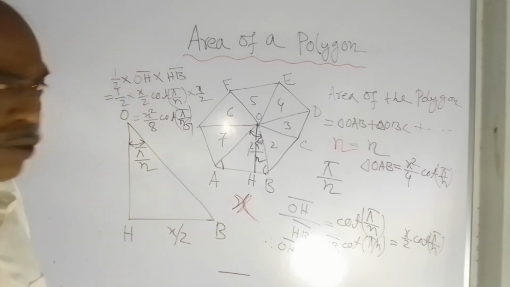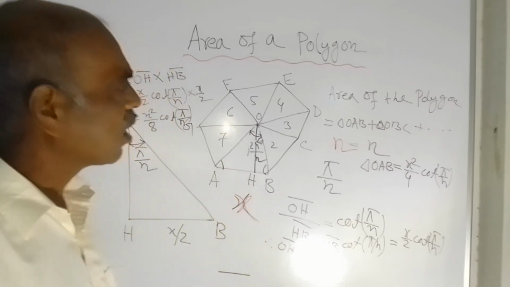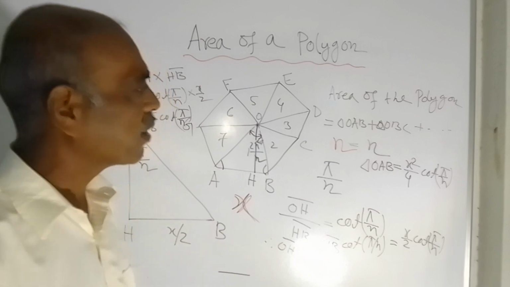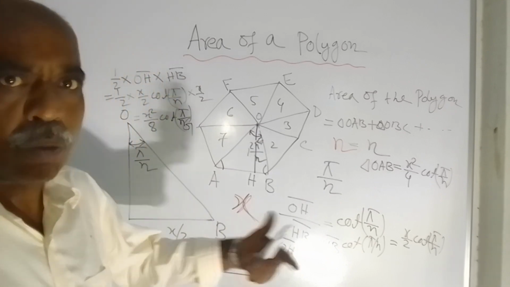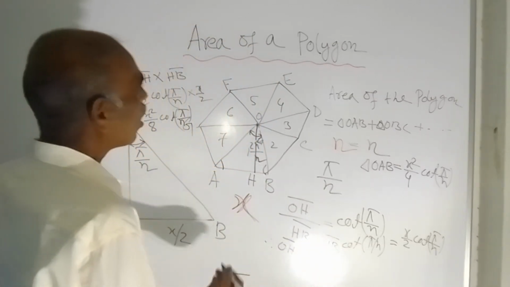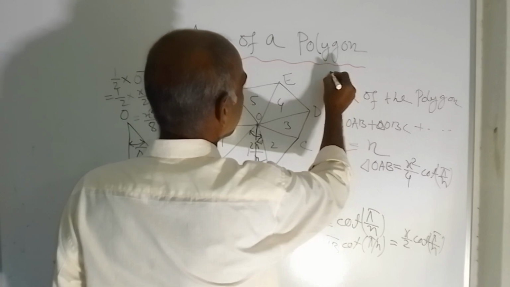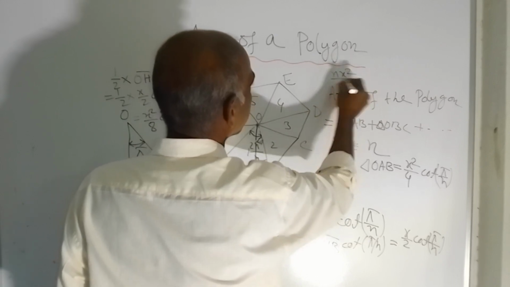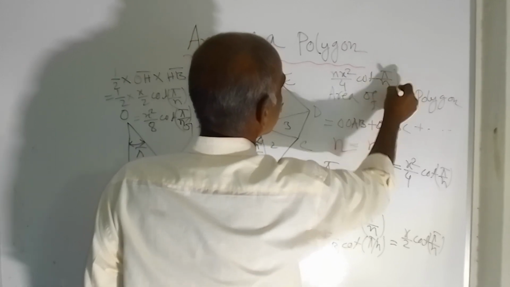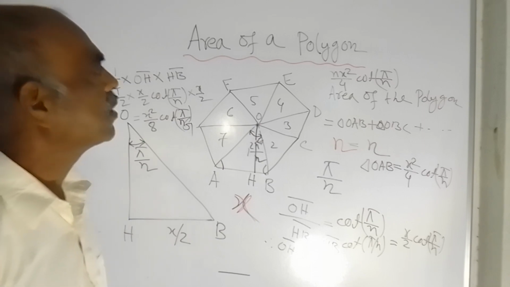We are considering a regular polygon. Just multiply this result by n, because n number of triangles are there. Therefore the area of the polygon is n x square by 4 cot pi by n.